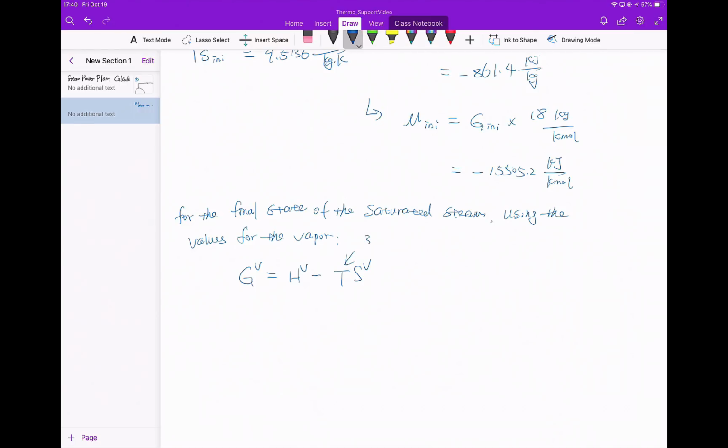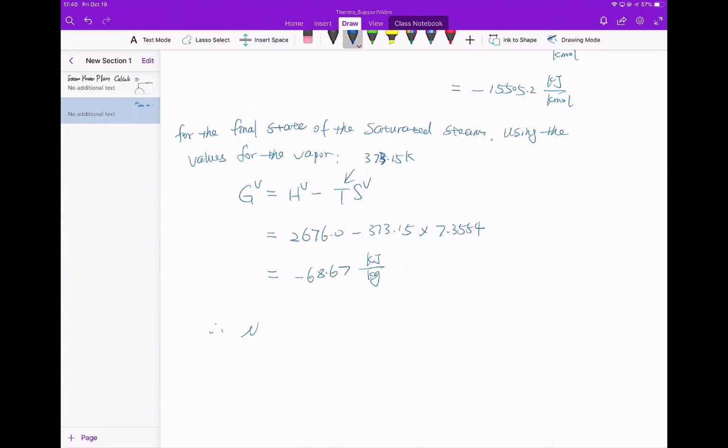So temperature here is still 100 degrees C. So there we could have kilojoule per kilogram.